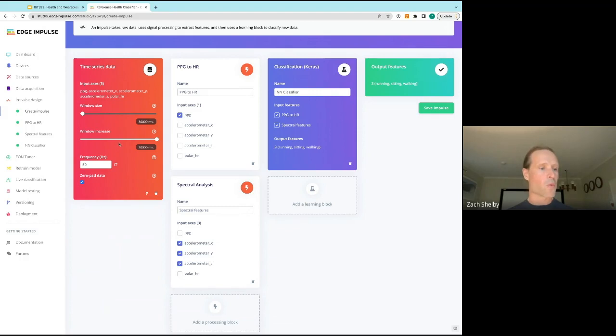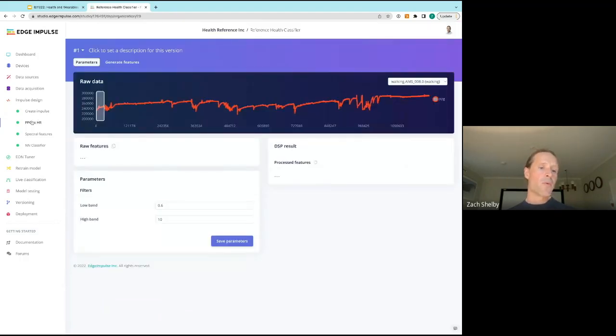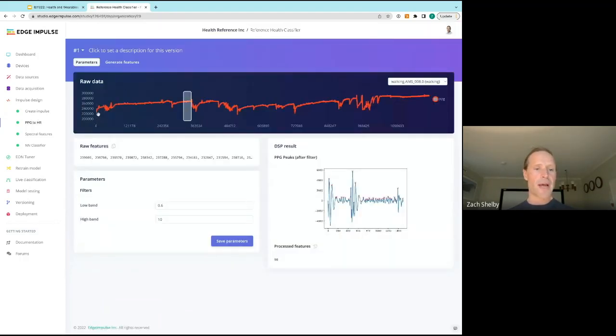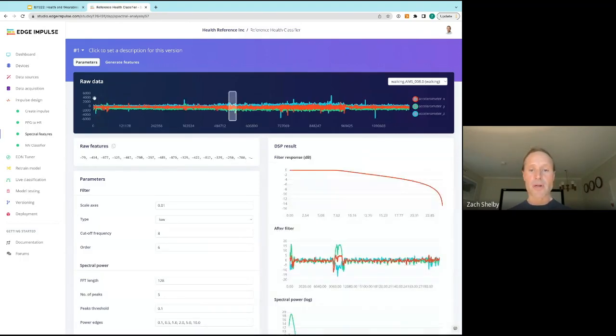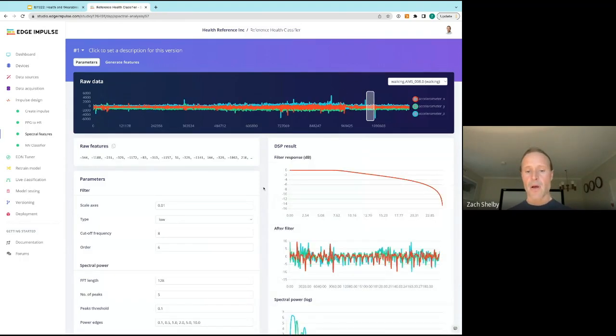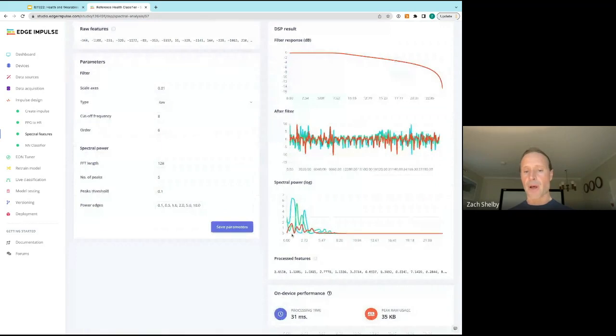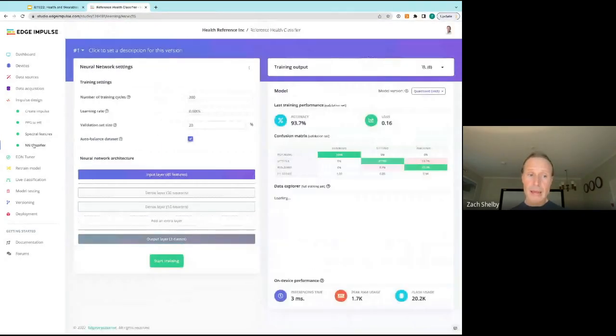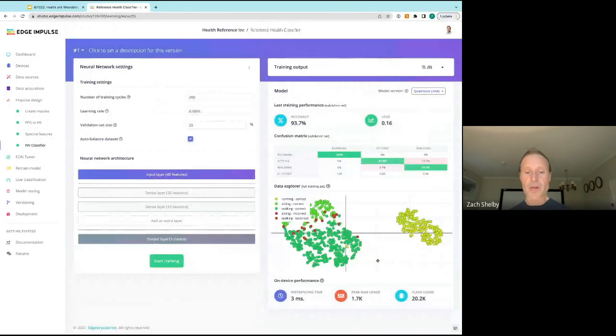And then we can combine those two things together into an ML classifier that tells us how this works. We like a lot of visualization, so we can visualize what PPG peaks look like in each of these windows of data, and then we can look at what this accelerometer data looks like and all the output values from that. And that turns into a machine learning algorithm. So we can then train a real machine learning algorithm.